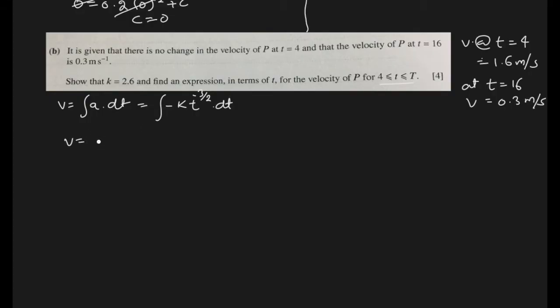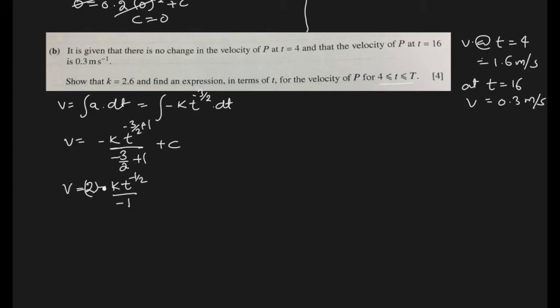V equal to minus k remains minus k, t to the power minus 3 over 2 plus 1 over minus 3 over 2 plus 1, just like we did earlier, plus c. V is minus k t to the power minus 3 over 2 plus 1 is minus half, over minus half minus 1, and I write 2 here.